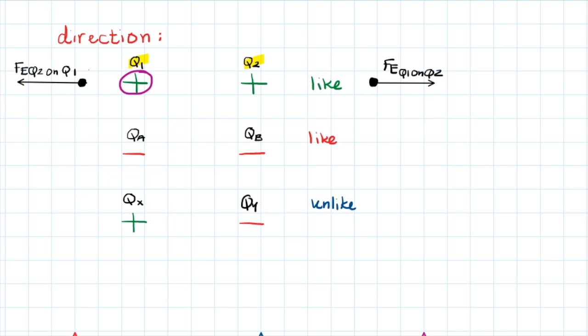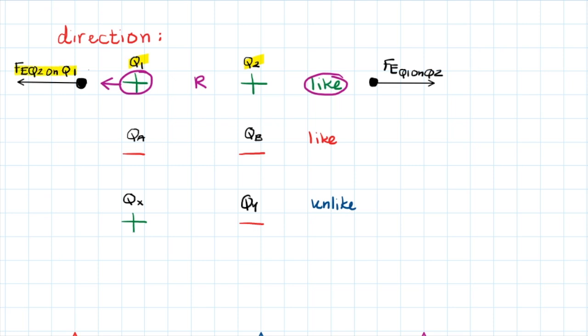Then we will say, since they are like charges, there's a repulsive force between them. So Q2 is going to push Q1 away. And therefore, on the free body diagram, where this dot represents Q1, you can see that the electrostatic force on Q1 is to the left.